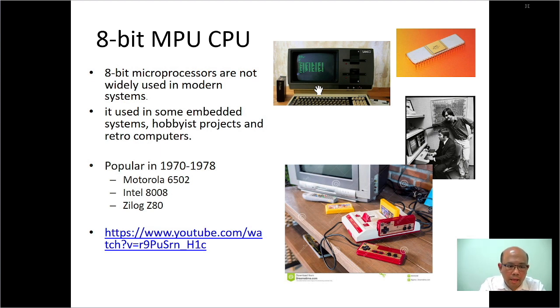The popular microprocessors during 1970 to 1978 were the Motorola 6502, the Intel 80X, and the CSOS C70.